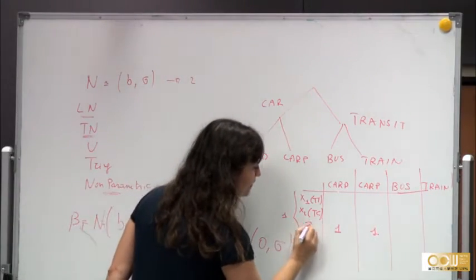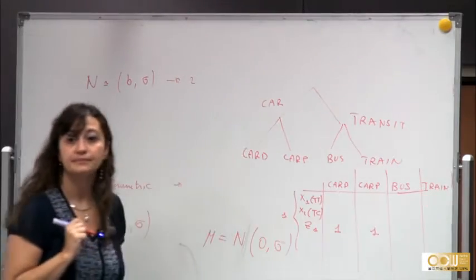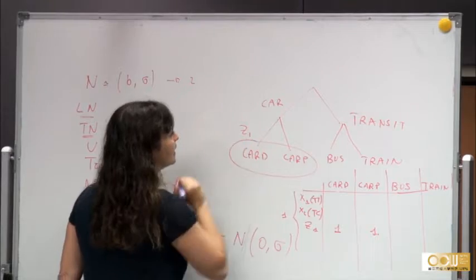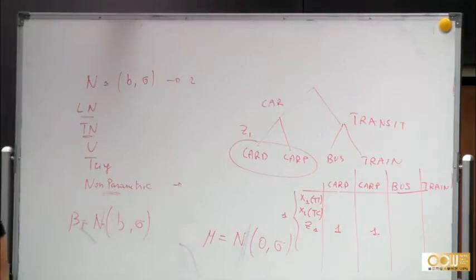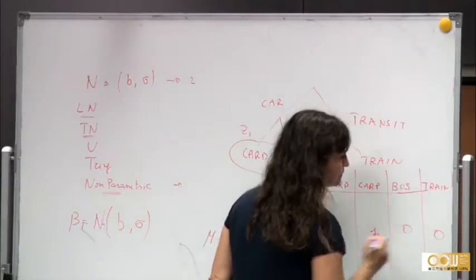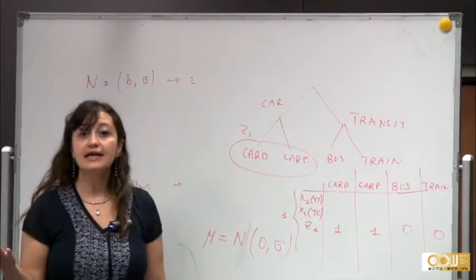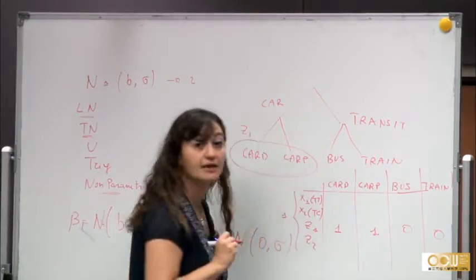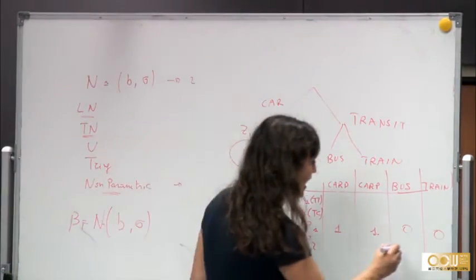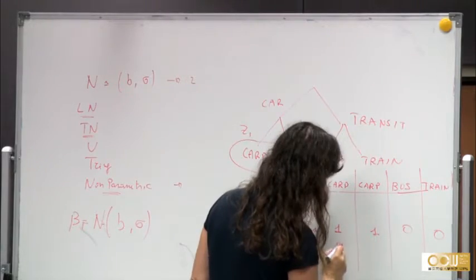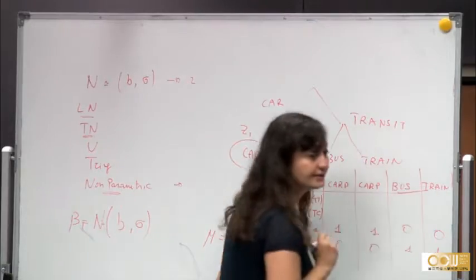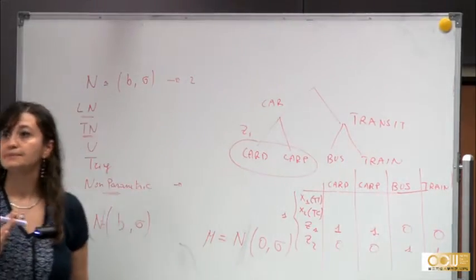And I will call, for example, this Z1, to create correlation amongst car passengers and car driver, and 0 otherwise. So in order to create correlation for the other two alternatives, I create a second variable, Z2, and I will say that it is 0 and 0 for the car alternatives, and is 1 for the transit alternative.